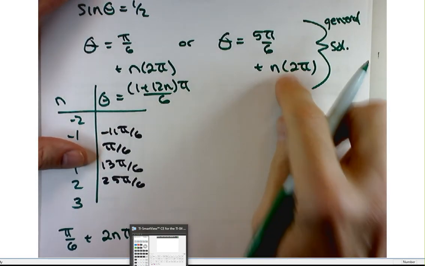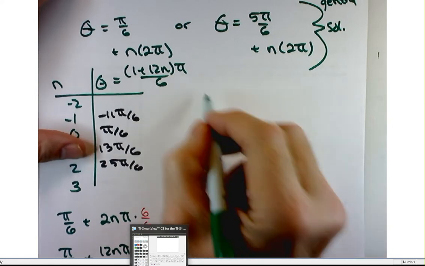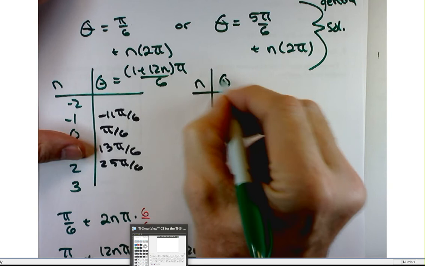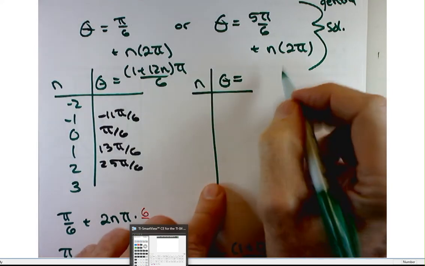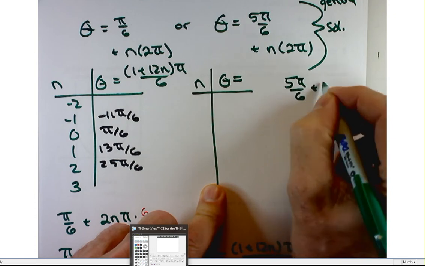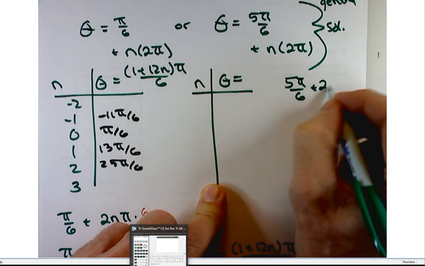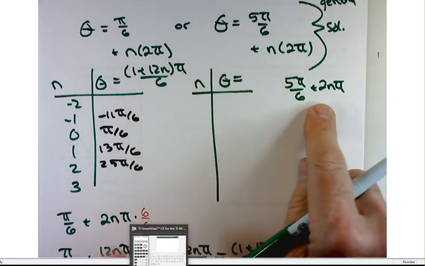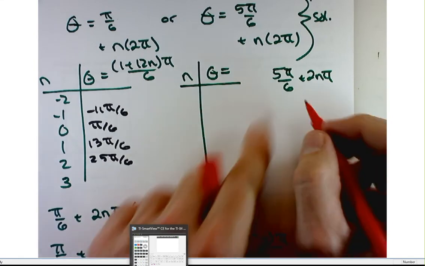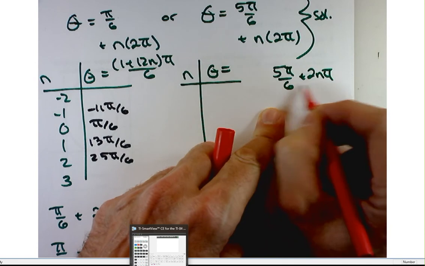So over to here, I'll do another little table, n and theta. This time I've got to play around with 5 pi over 6 plus 2n pi. And I'm going to do the same thing here that I did just a moment ago. Now, I want a common denominator for both of these.